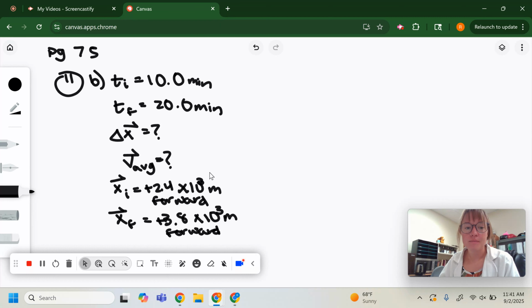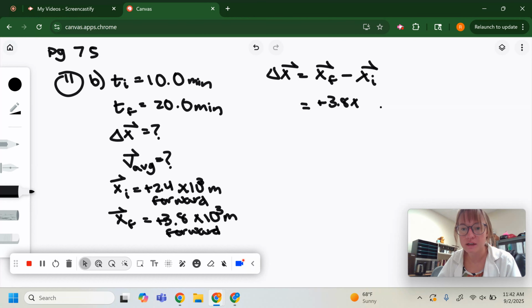Okay, now, first I'm going to find my displacement. To find my displacement, well, that delta just becomes an x final minus an x initial. So this part of the problem is not too tricky. I start by writing my original equation, then I do my final, which is positive 3.8 times 10 to the third meters, minus my initial position, which was 2.4 times 10 to the third meters.